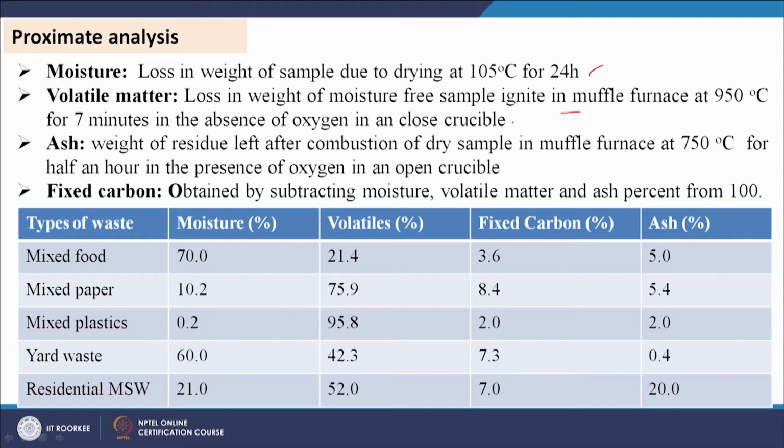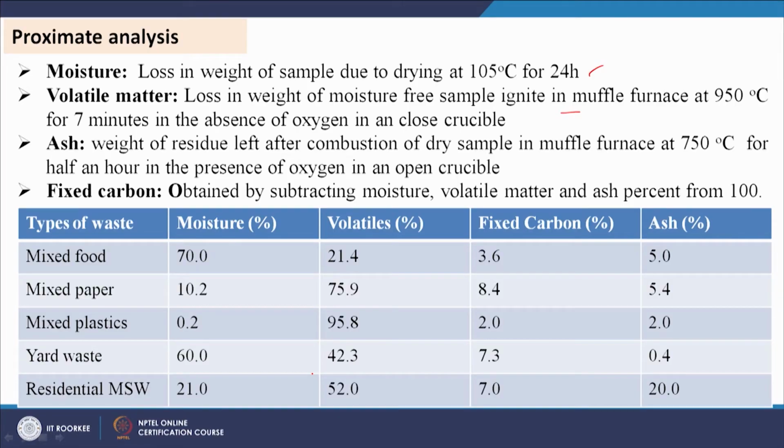That means, after the removal of the moisture, we take the sample and heat it at 950 degree centigrade for 7 minutes in absence of oxygen, then the vapors will go off, that is the volatile materials will go off, and then we measure how much mass is remaining. So, we calculate the percentage of the volatile matter.